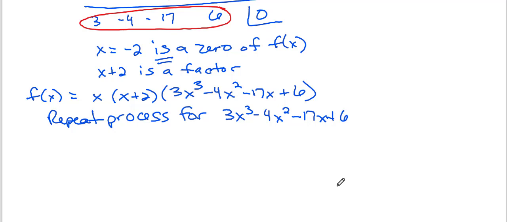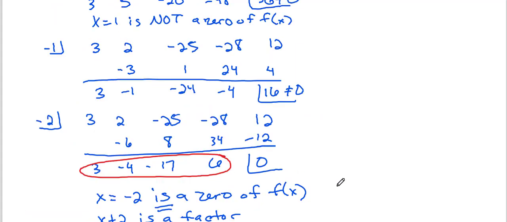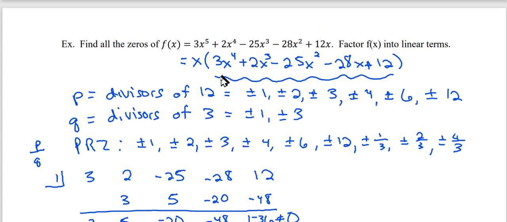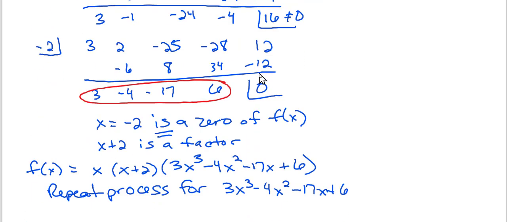And the same thing is true for the actual zeros. So if x equals 1 and x equals negative 1 did not work in the original polynomial, then they can't work in this cubic polynomial, because it would have worked above if that was a factor. If x minus 1 was a factor, it doesn't matter what order you get these factors in, right? It couldn't have not worked above and worked now.